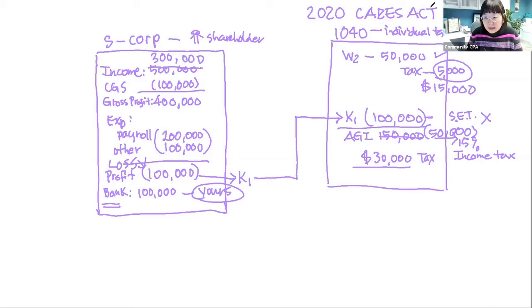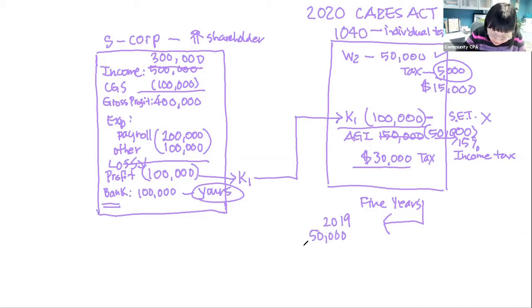For 2020, if you got a $50,000 loss right here, you can go back 5 years to get a tax refund back. So let's say in 2019, you actually had a profit of $50,000.